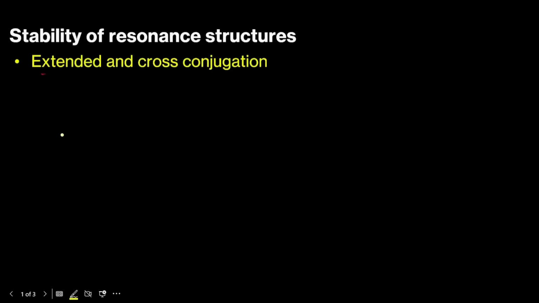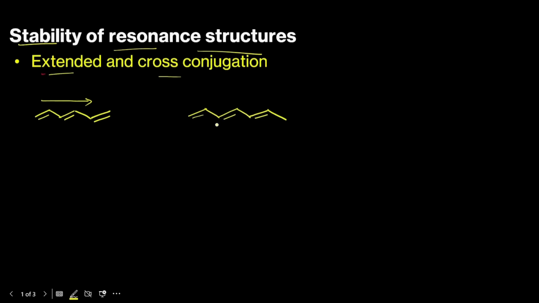We will move on to stability of resonance structures. In that, first one is extended conjugation and cross conjugation. Extended conjugation means presence of alternate single and double bonds, that is, double bond, single bond, double bond, single bond and double bond. Here the conjugation is taking place in a linear manner. Coming to cross conjugation, that is double bond, single bond, double bond, single bond, double bond.